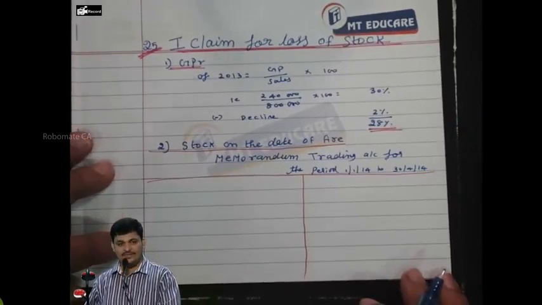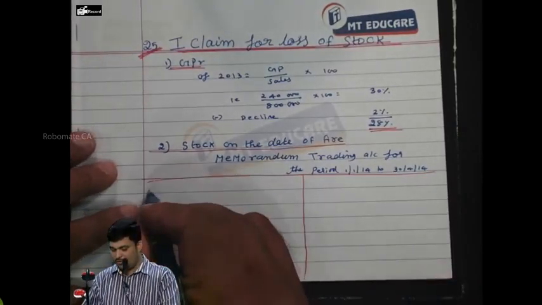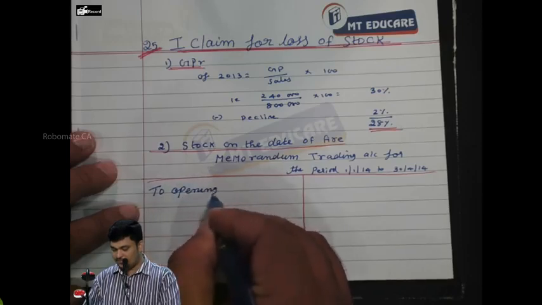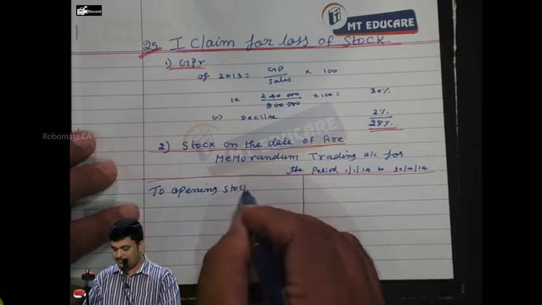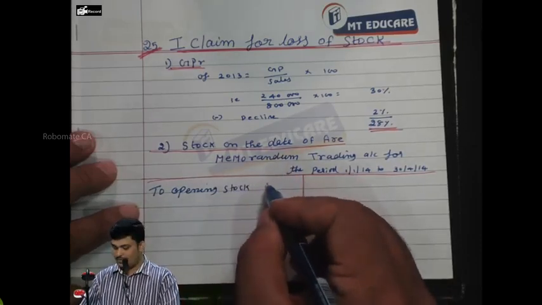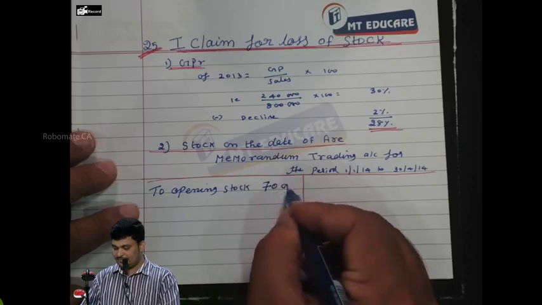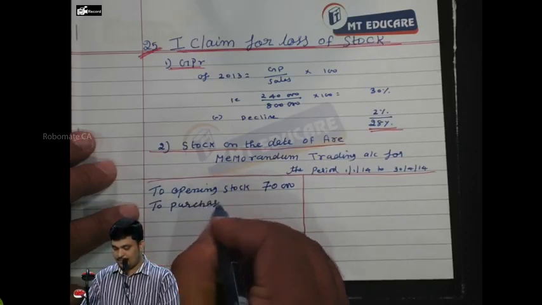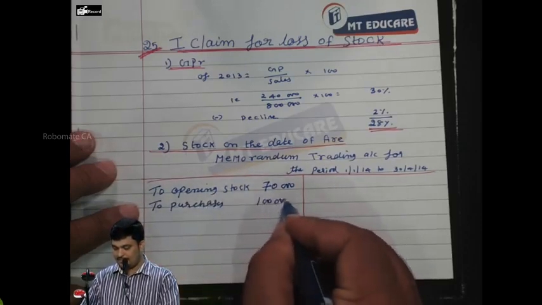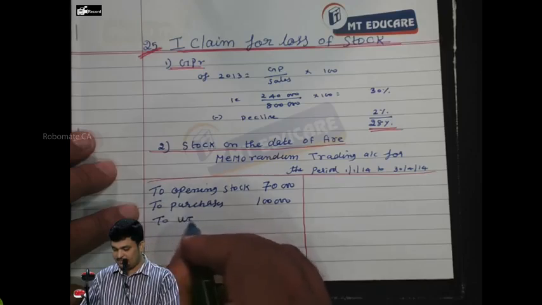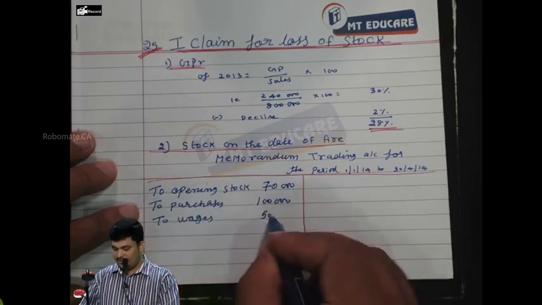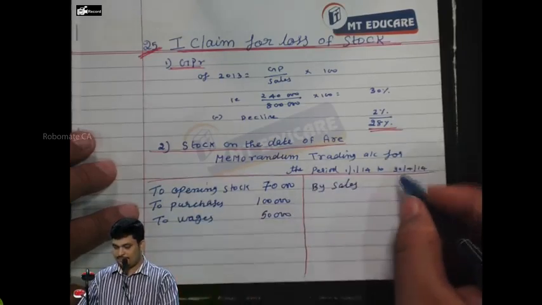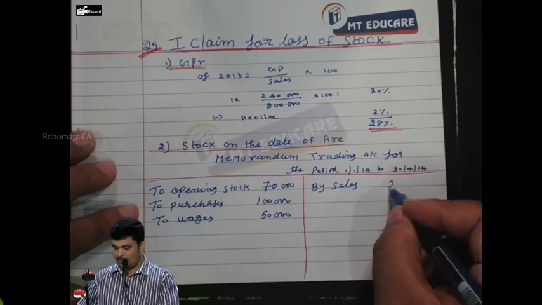Now stock on the date of hire. We have opening stock. To opening stock, how much? 70,000. To purchases, 1 lakh. To wages, 50,000. By sales, 2 lakh.